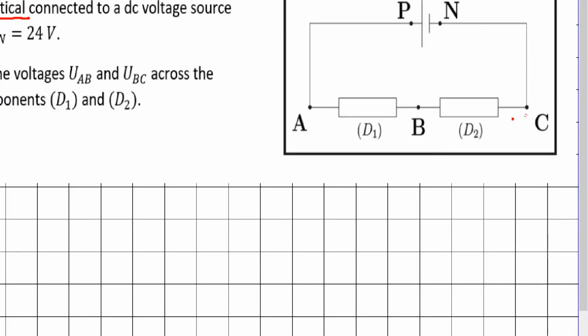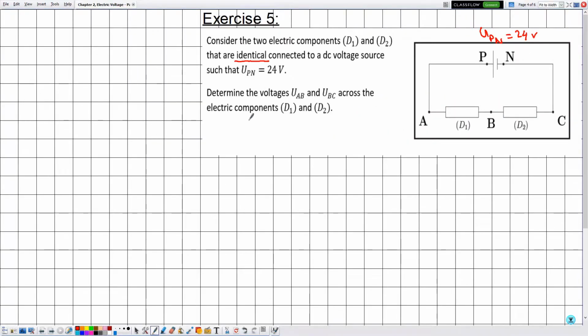So as a first step, in order to determine UAB and UBC, as we have seen previously, we need to determine the voltage UAC, and this can be done using the law of addition of voltages. So let's say we apply the law of addition of voltages.